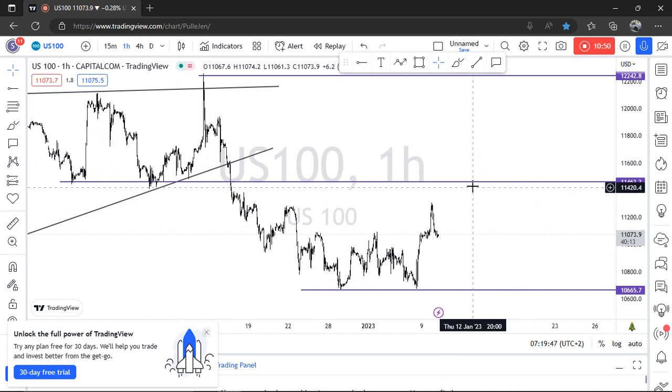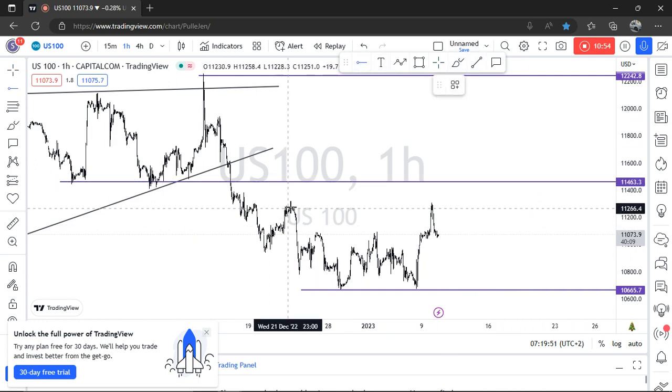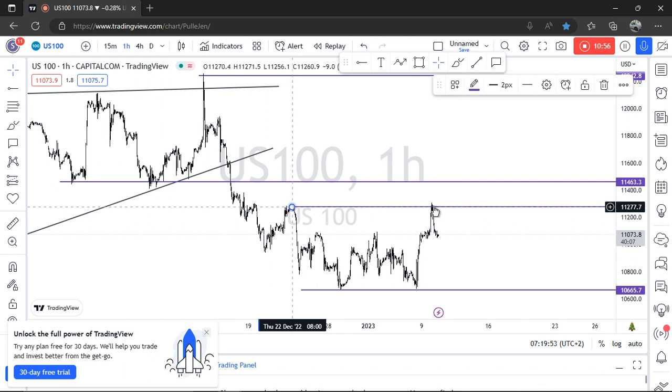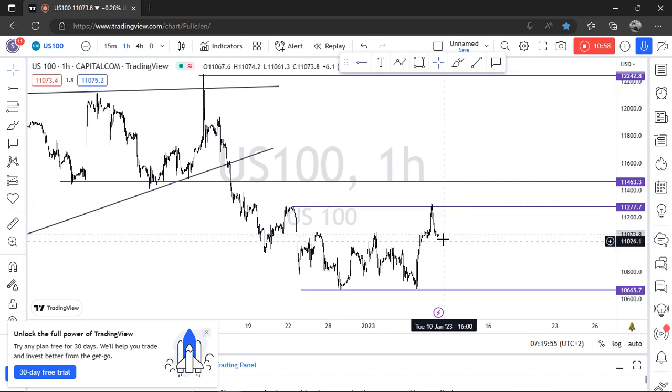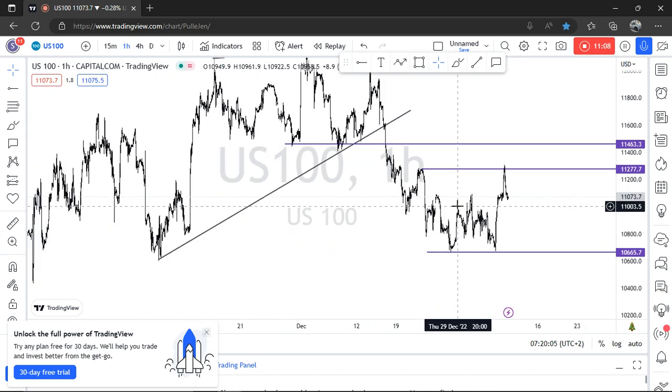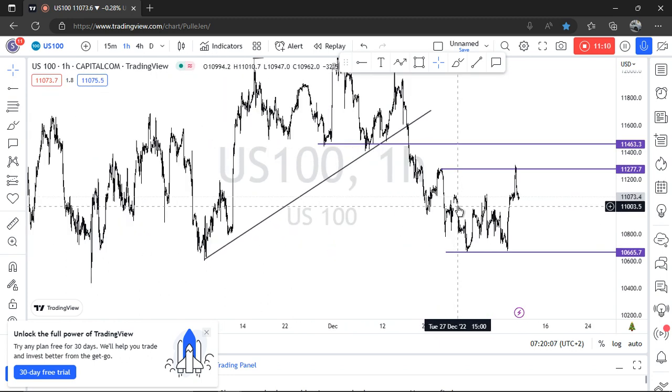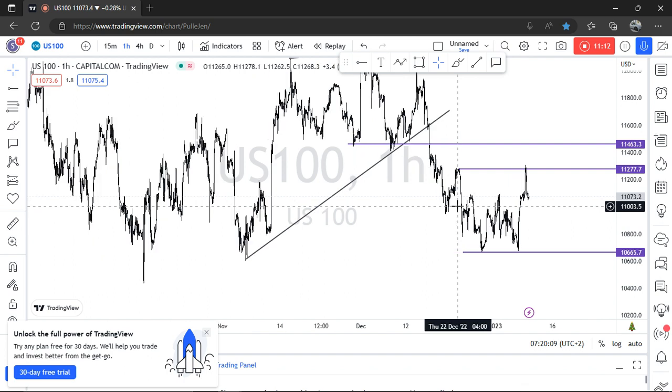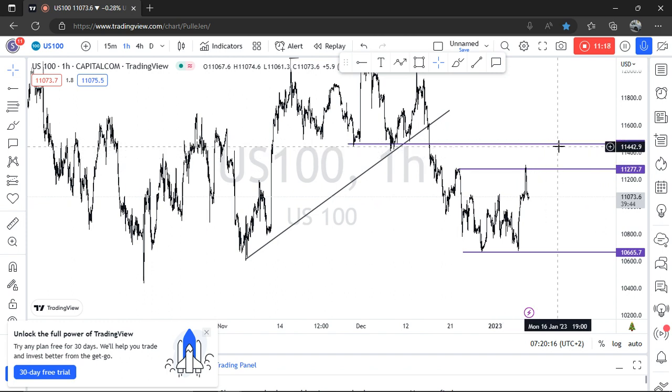So on this one, for me to go short, we can see I'm also identifying another area. But we can see price breaking and coming around this area. On this one, I'll be waiting, and remember, guys, we do not force the trades.